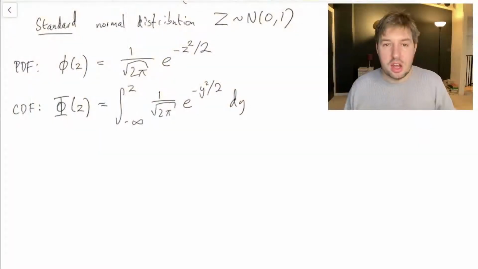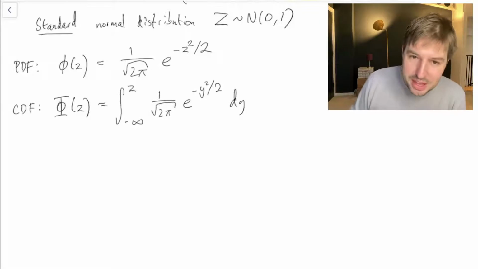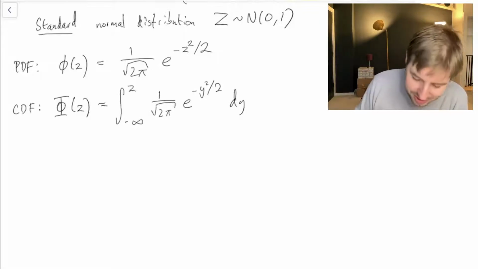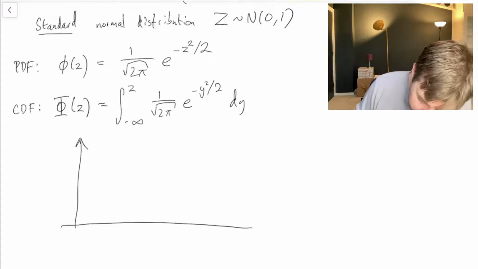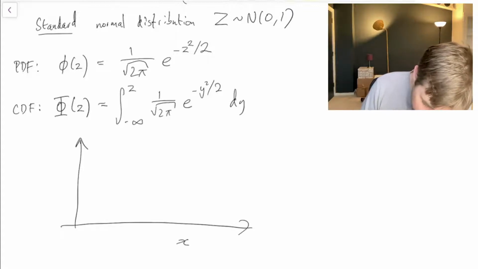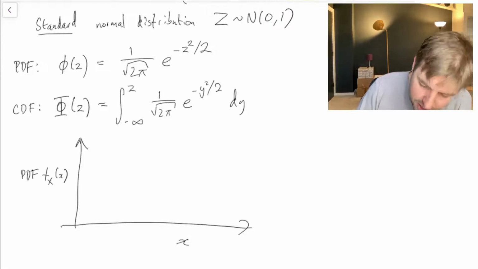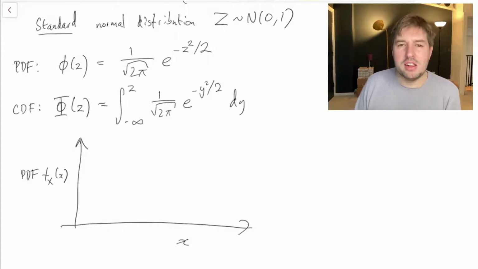It's worth just sketching out a picture of what these PDFs look like. There are precise pictures drawn by R in the notes, which will be exactly right. So these are just my kind of sketchy approximations. And so the normal distribution, if we put x on that axis and the PDF, f(x) of x on this, is often known as the bell curve.